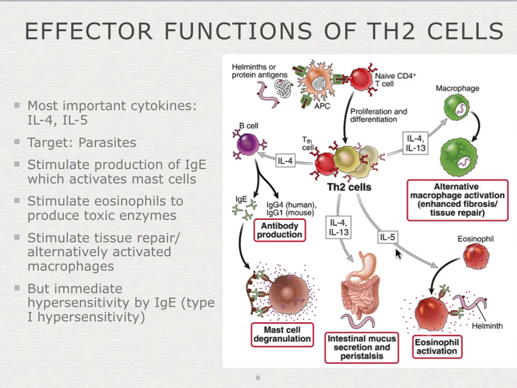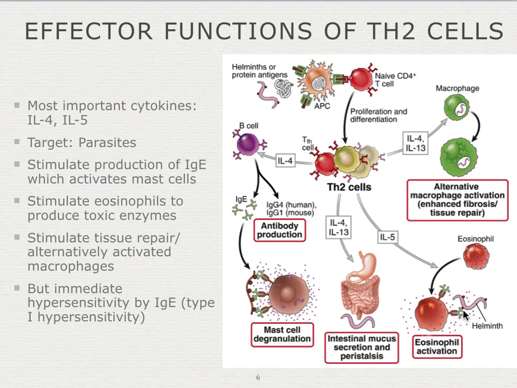IL-5 will call in help from eosinophils, and eosinophils have receptors on their cell membrane that can bind IgE antibodies. And these IgE antibodies are specific for the parasite.